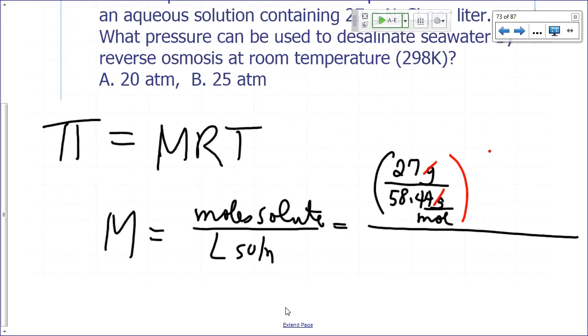That changes it to moles. And what's the volume of our solution? 1 liter, right? 27 grams per liter. So what's our molarity? And before I forget, what do I need to multiply this by? Multiply by 2. Okay? Because you need the total molarity of solute particles.